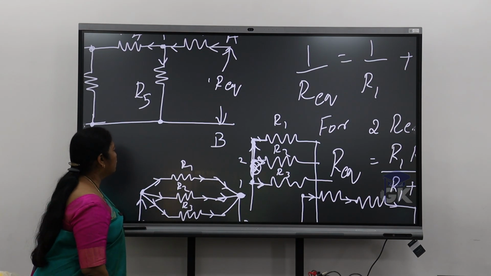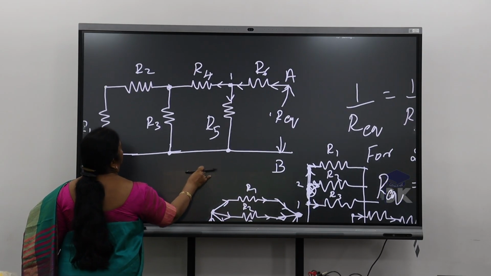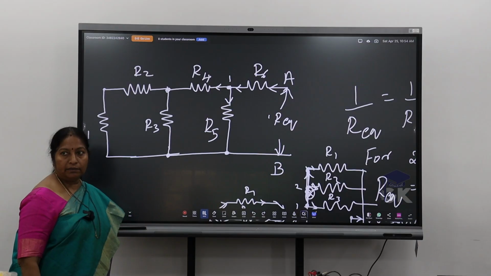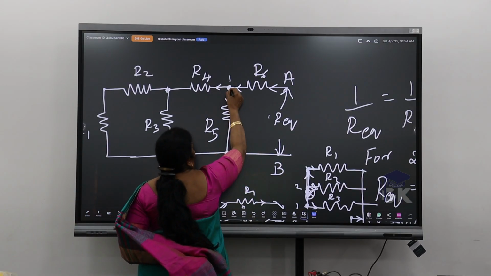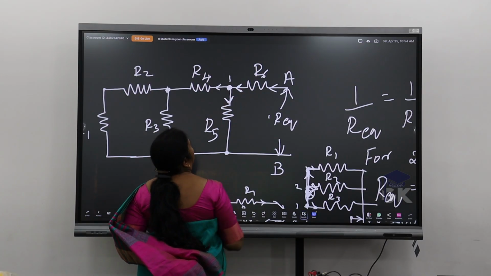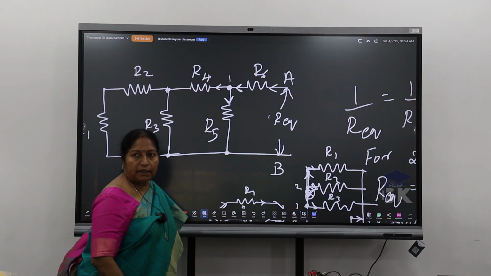Now if I wanted to find out equivalent resistance between A and B, I am starting from A, correct? Starting from A, at junction 1, it's getting divided into 2. Which are those two? R4 and R5. Correct?